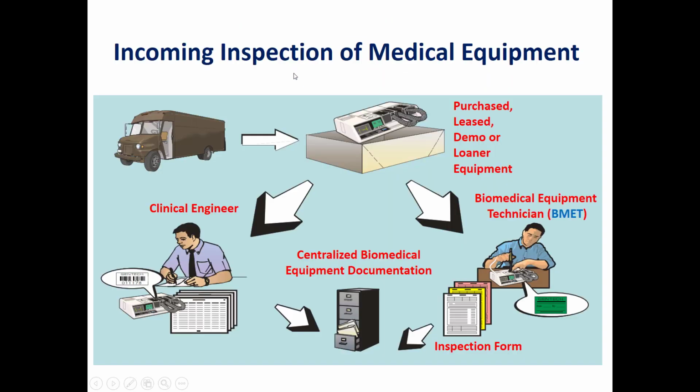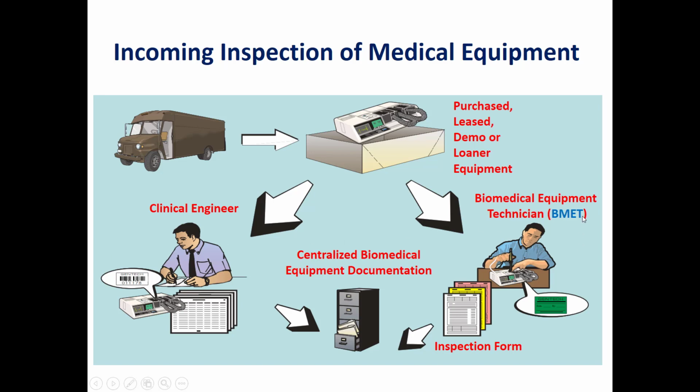Here is another policy and procedure in the planning phase, which is the incoming inspection of medical equipment. When we receive a new medical equipment, what is the procedure we should follow? First of all, we have two tasks. One task is achieved by the clinical engineer.